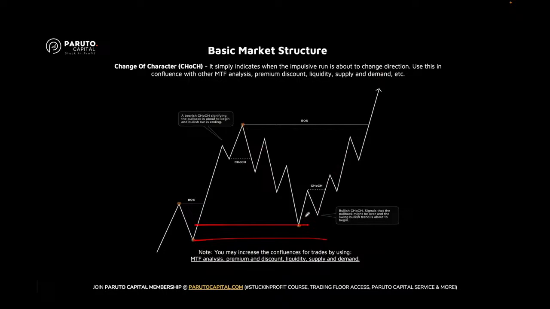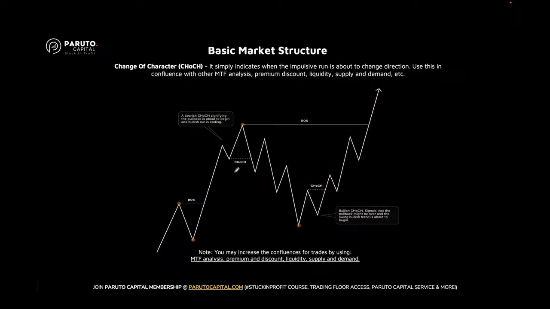So price came into this zone here, and then we see it moved back, and then a change of character showing us that this internal pullback is slowing down, and then we're now ready to continue the trend as we had here. So it changed character and then pulled back again a little bit, and then the move continued.